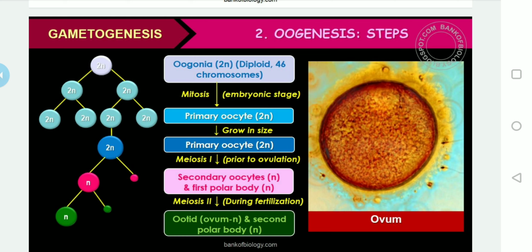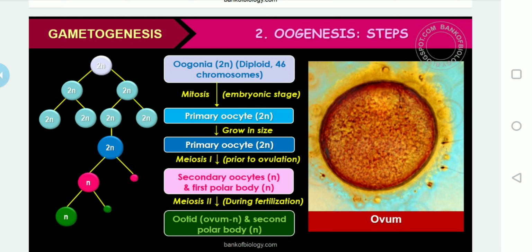This is known as the multiplication phase. It is a fixed number of oogonia, formed when the fetus reaches 25 weeks. No more oogonia are produced after birth, isn't it? And they undergo the mitotic stages, which produce many oogonia.